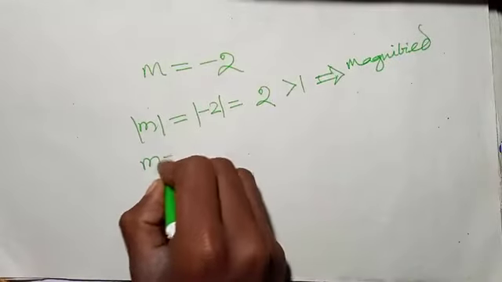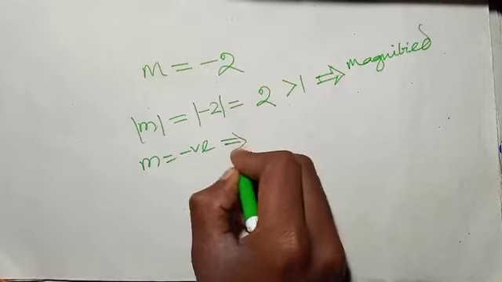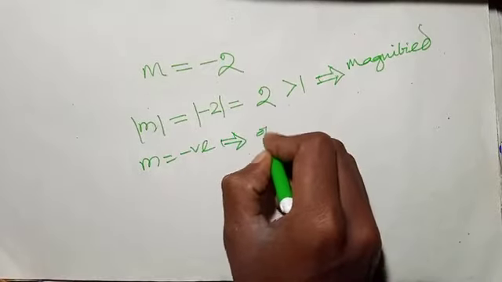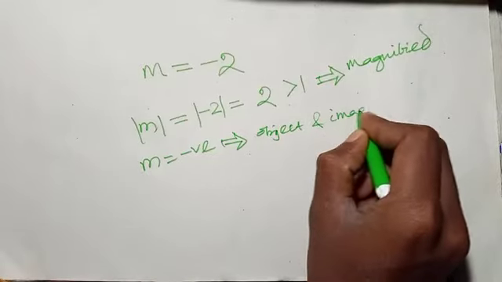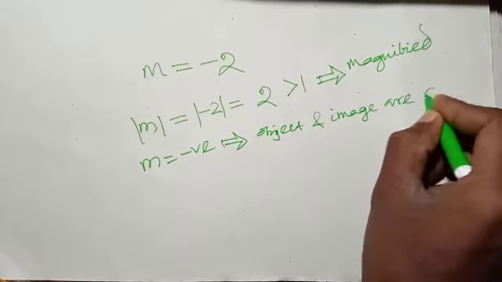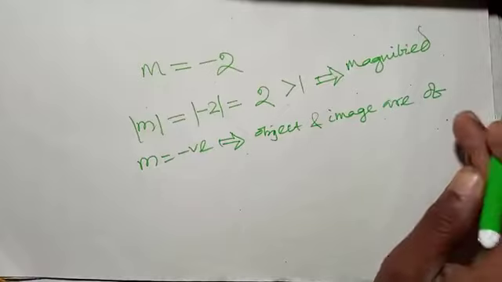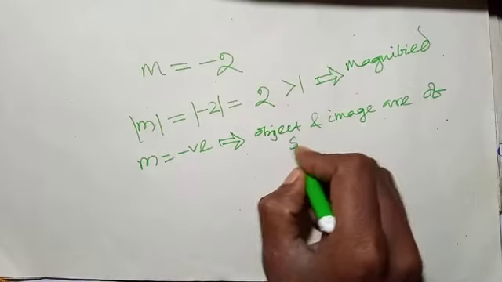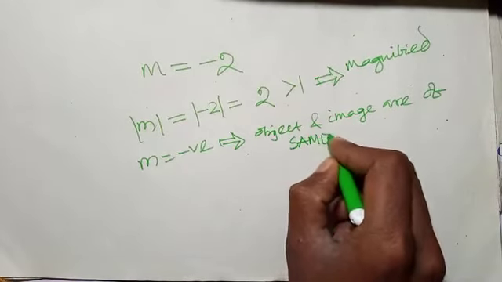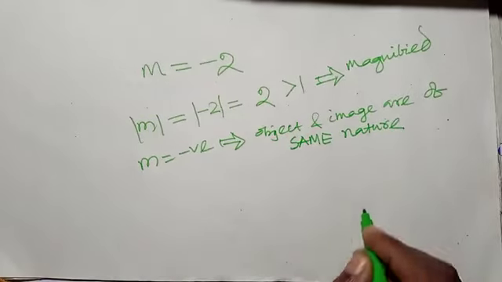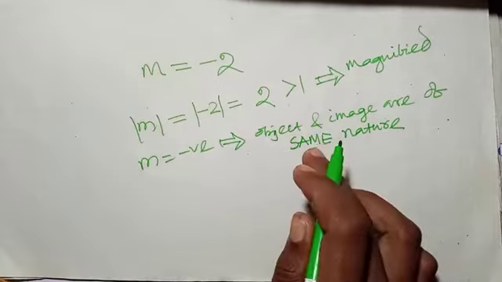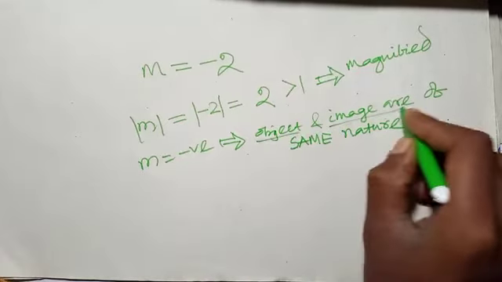Again, since M is negative, it implies that object and image are of the same nature.